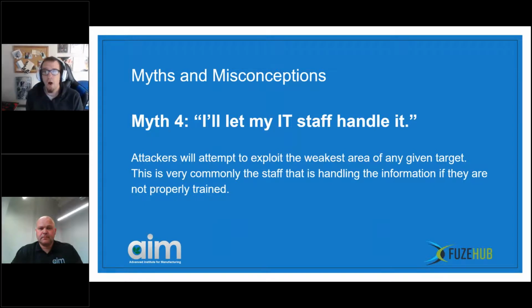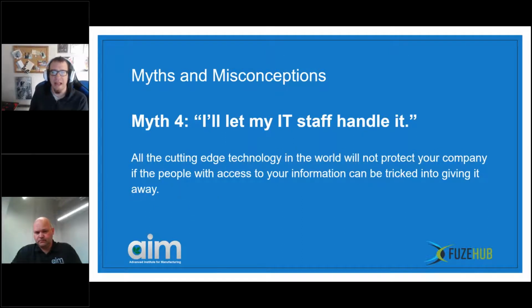Now, when considering all of these things, the most important thing to remember is that attackers are going to attempt to exploit the weakest area of any given target. This is very commonly the staff that is handling the information if they're not properly trained. All the cutting edge technology in the world will not protect your company if the people with access to your information can be tricked into giving it away.